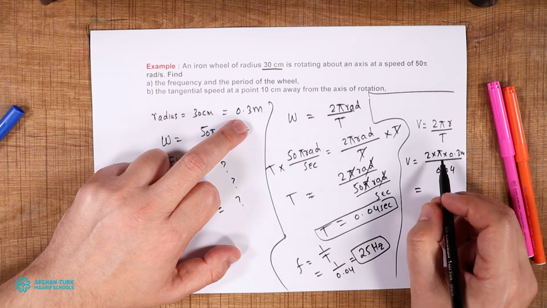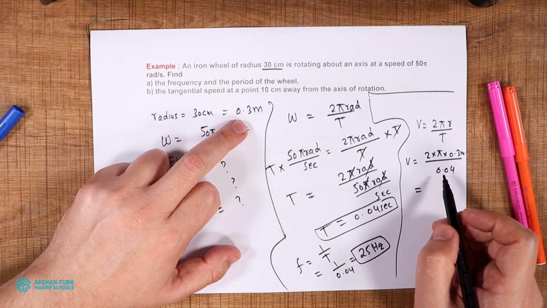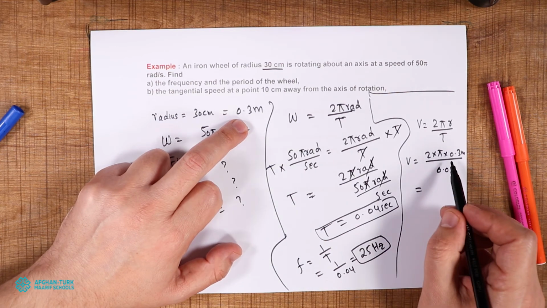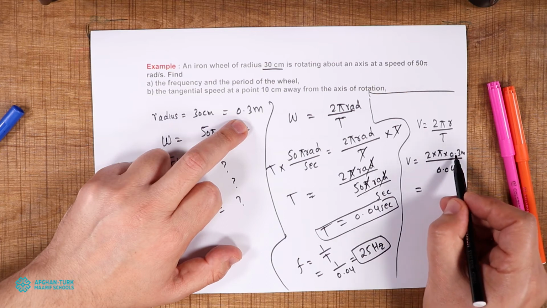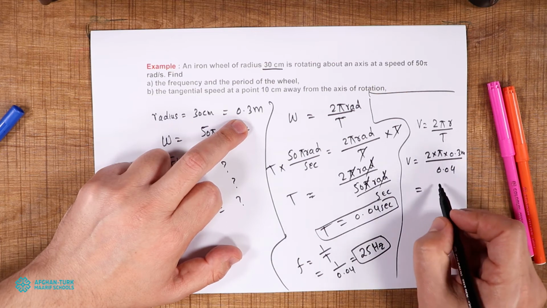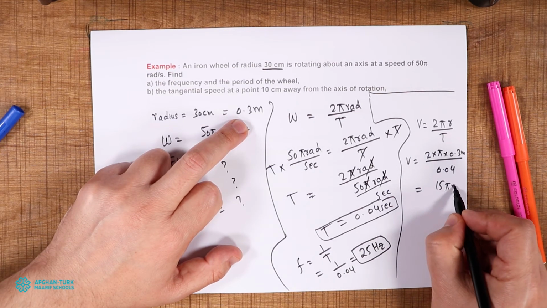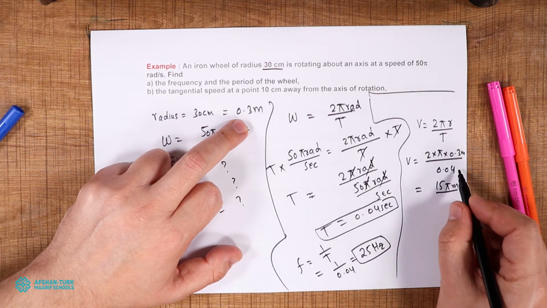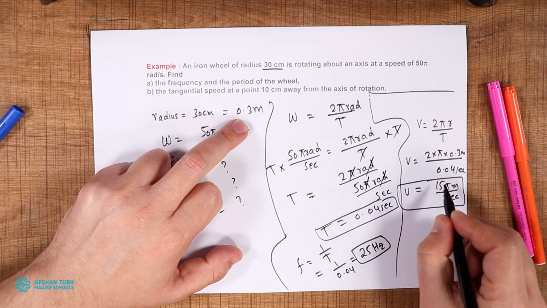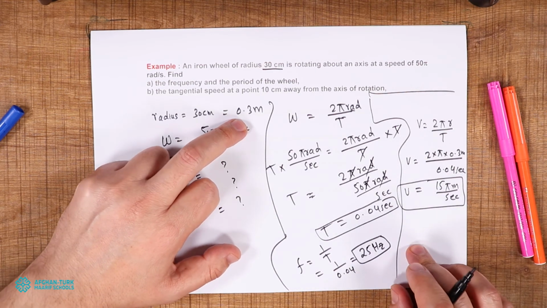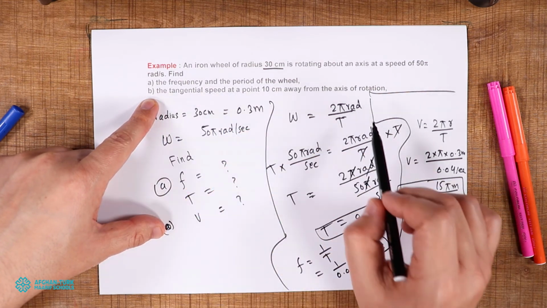If we do the whole calculation, 2 multiplied by 0.3 divided by 0.04, this will be equal to 15 pi meter per second. So the tangential speed is 15 pi meter per second. This is the second part, which is what they want.